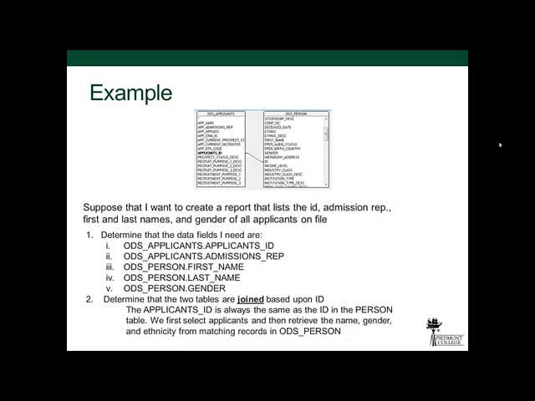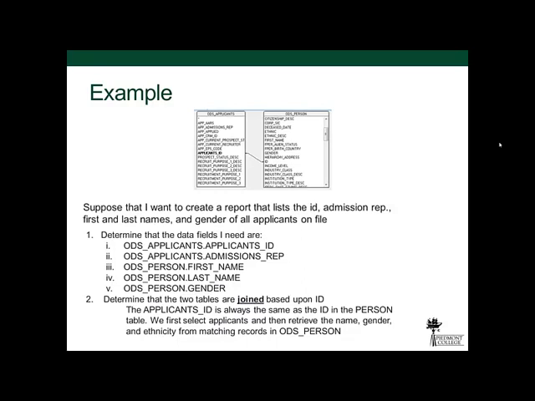Suppose I want to create a report that lists the applicant's ID, the admissions representative, the first and last names of the applicant, and the gender of all the applicants that we have on file. First, I need to determine the ODS field names and table names that I want to extract. In this case, I want the applicant ID and the admissions representative from the ODS applicants table.